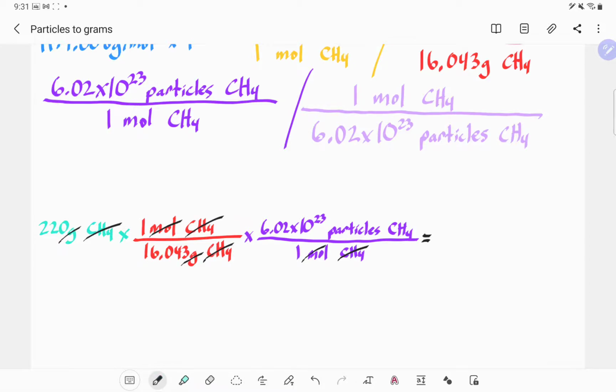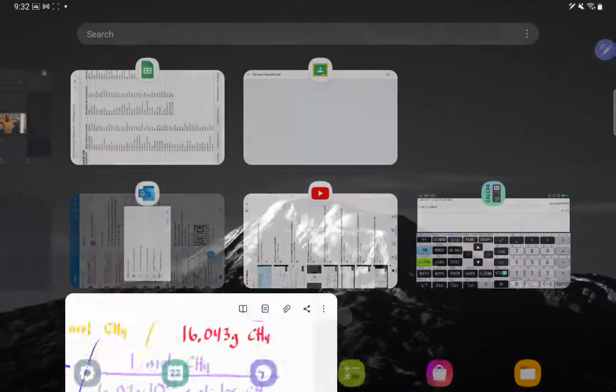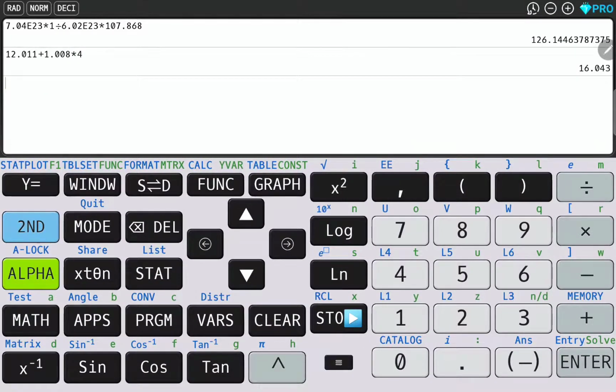Let's plug that into our calculator and see what we got. We'll write down 220 times 1 divided by 16.043 times 6.02 E 23 divided by 1.